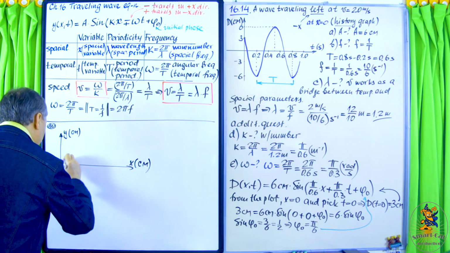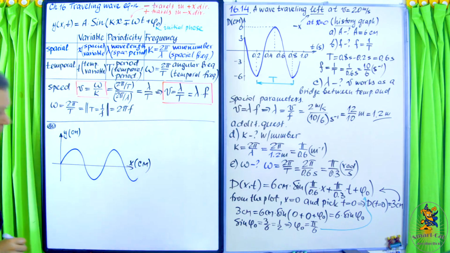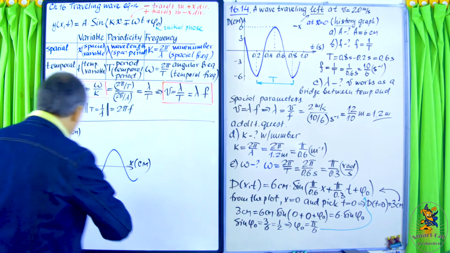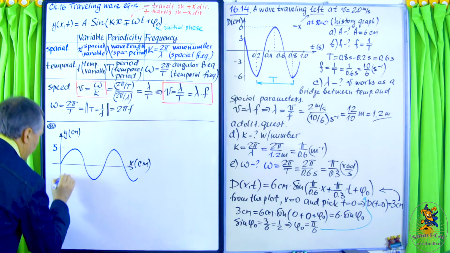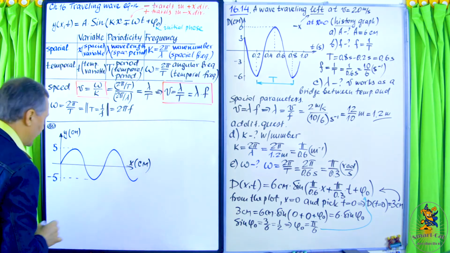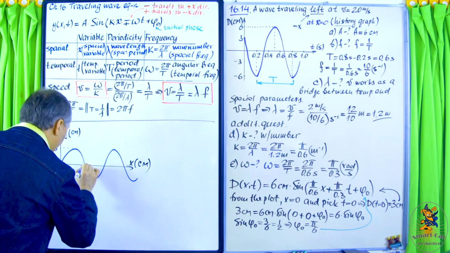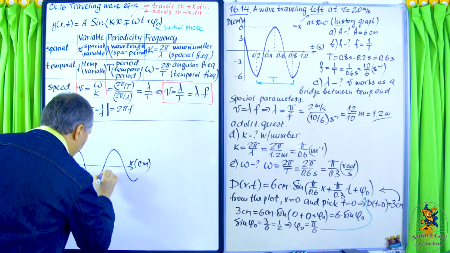All right, so let's see. Something like this, a sine function almost. Then this point is 5. This point is minus 5. Then this point is 10. Then 20.